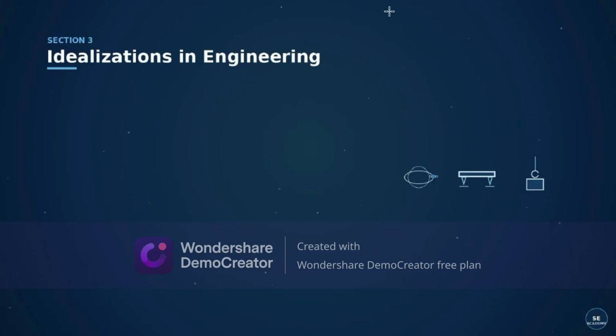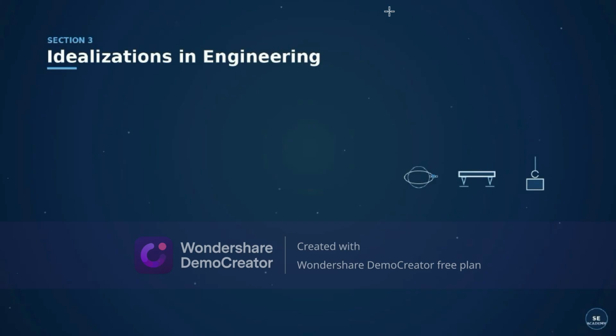Just as I said, when we are starting, we are also going to cover idealization. Now, what is this idealization? We are going to find that real objects are complicated, like bridges and stuff. So engineers simplify them using models called idealizations, which are used to simplify complicated objects, because real objects are always complicated.